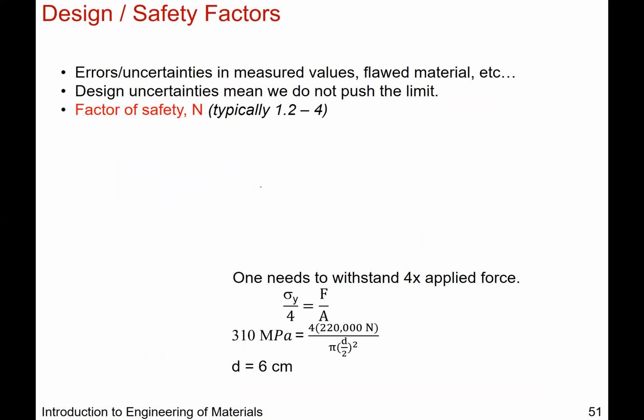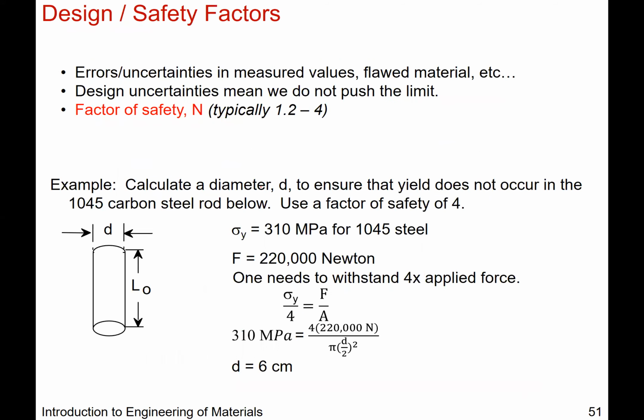So, design factors. If we have all this information in front of us, and we've done the stress strain curve measurements, how do we actually use it to design for a specific application? Here's an example where we take into account the safety factor, or factor of safety N. What that means is we over-engineer, right?